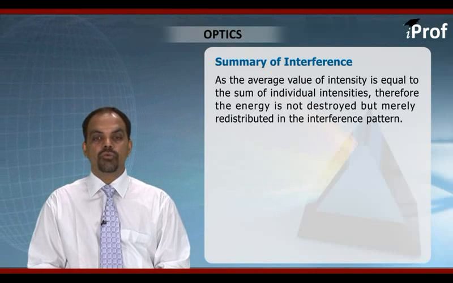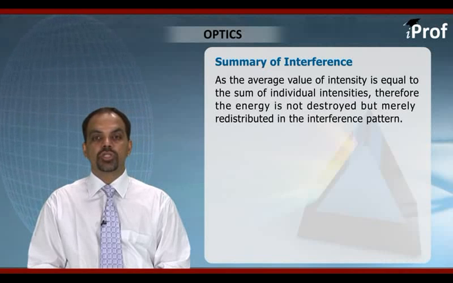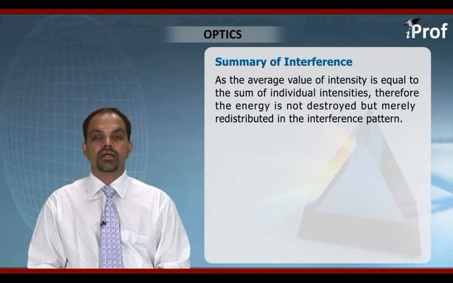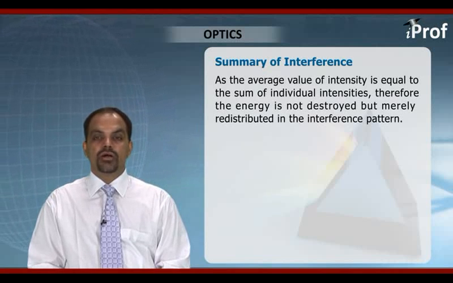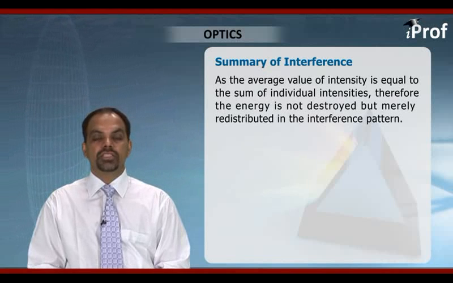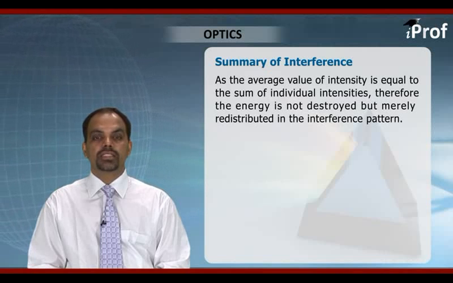This point we must appreciate, mainly as there is redistribution of energy in interference. At the points of minima the energy depletes, and at the points of maxima energy spikes up. Now if we calculate the average intensity, it works out to be I average is equal to I1 plus I2.